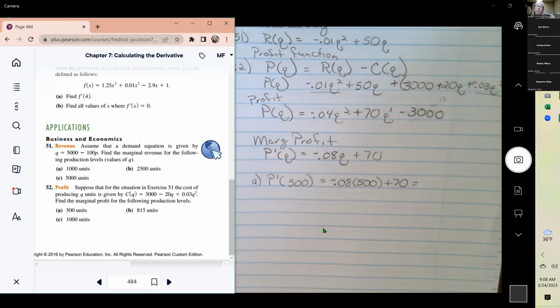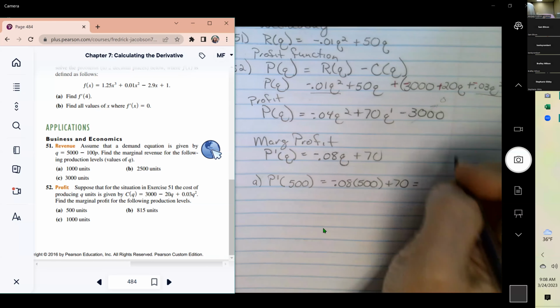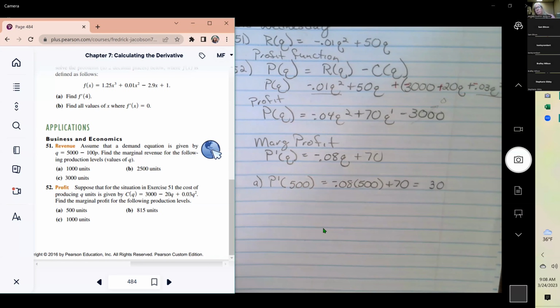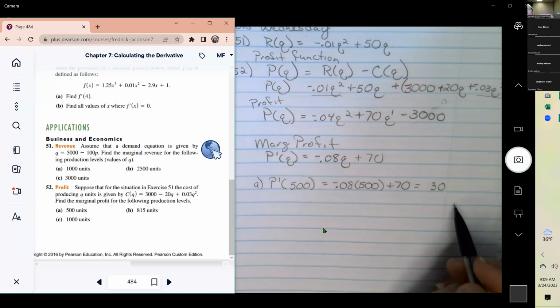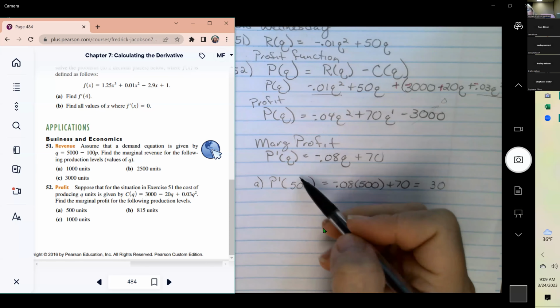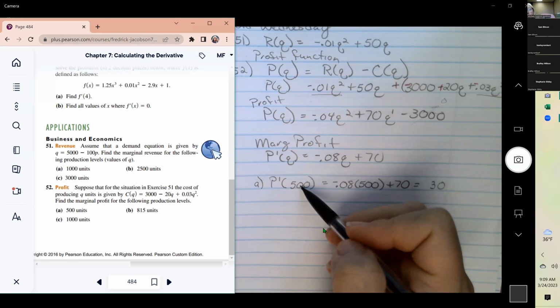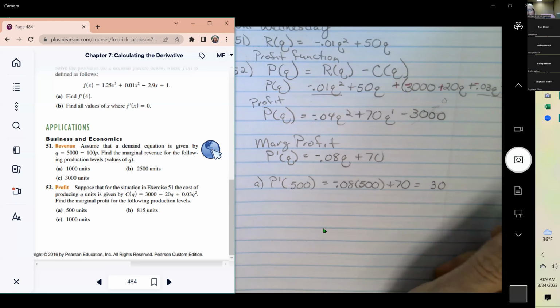If it was anything other than dollars, they would state. If we are producing and selling 500 units, we will make a profit of $30 each.